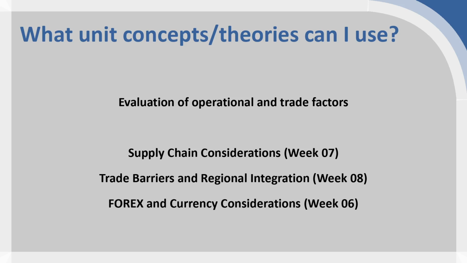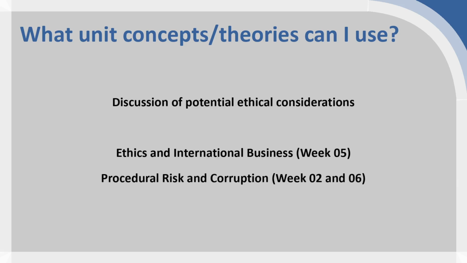And then lastly, we also want to look at potential ethical considerations or potential ethical issues. In week 5, we cover ethics in international business, and we look at major ethical frameworks, concepts and theories that may well be helpful in discussing and evaluating potential ethical considerations.